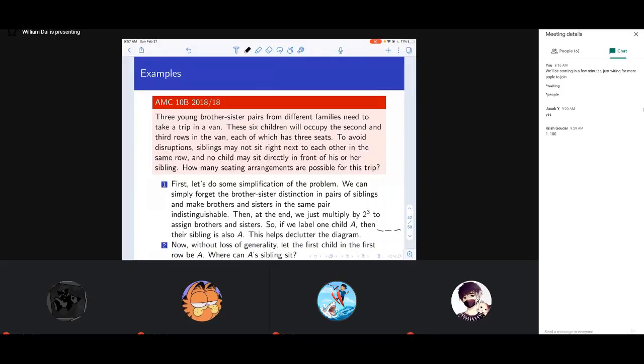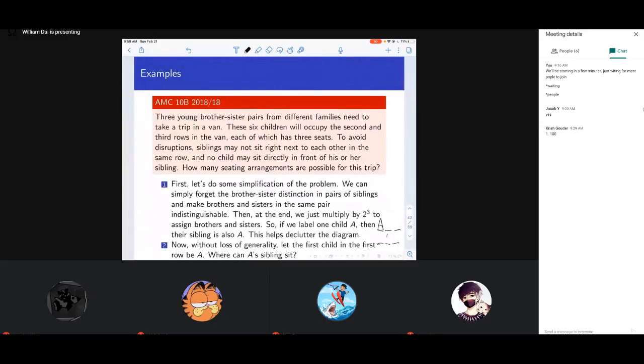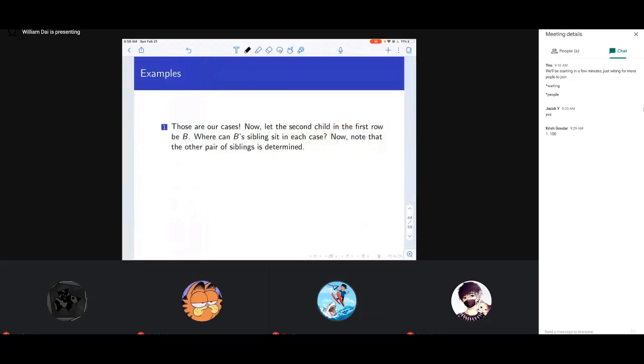We have two rows, and we let the first child in the first row be A. So where can A's sibling sit? A's sibling can sit here, or here, or here. Now let the second child in the first row be B.